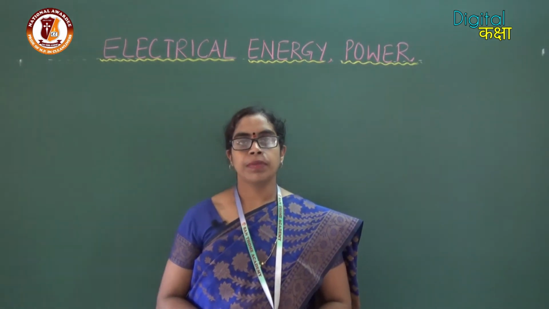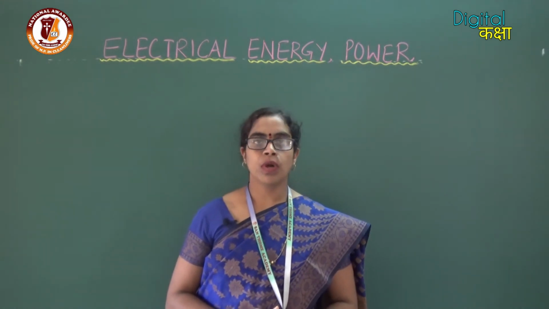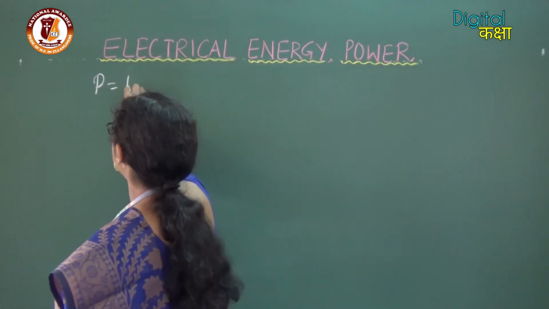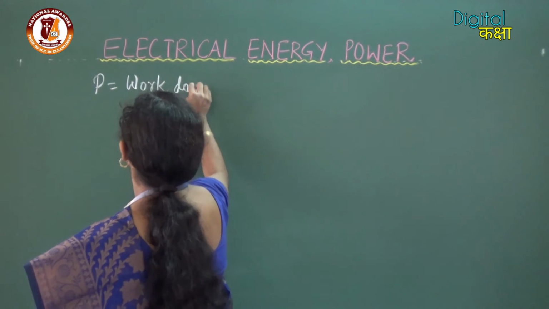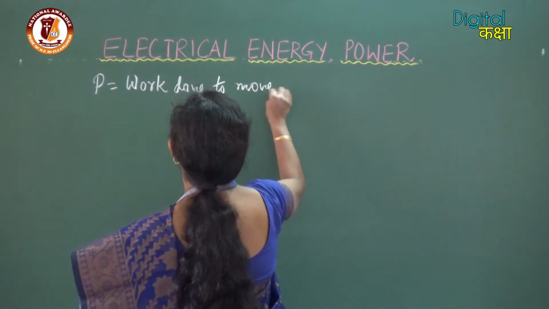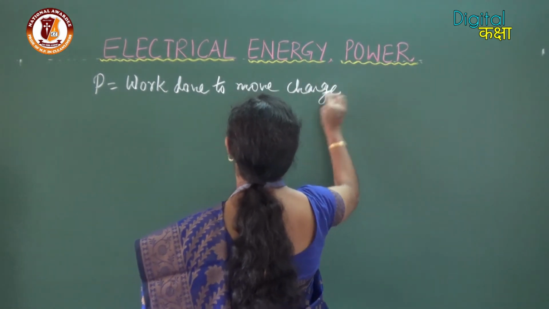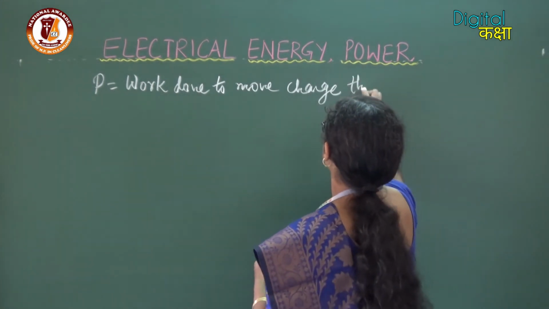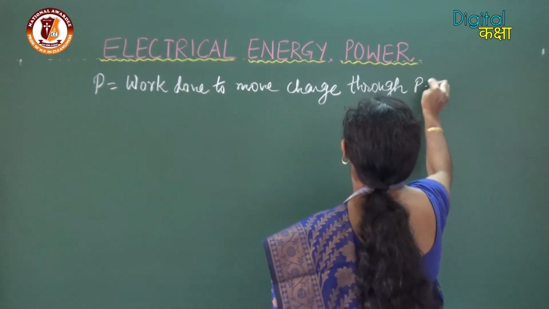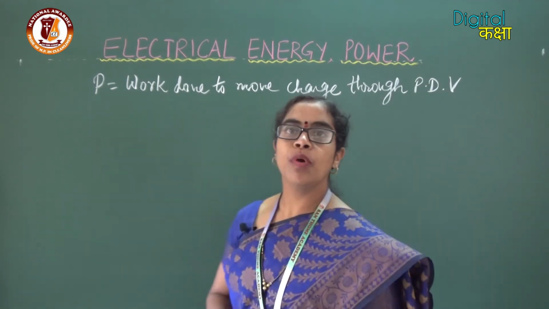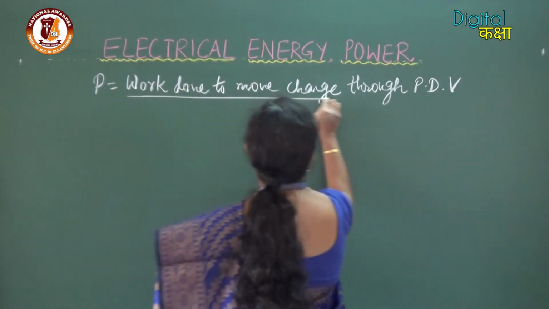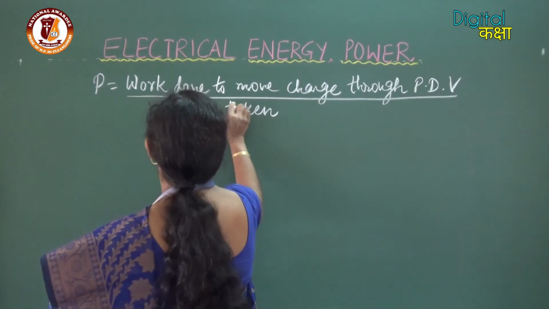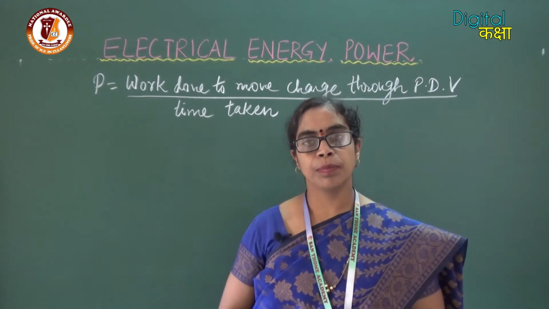But when the power concept is studied in the topic of electricity, power is to be understood as the work done to move a charge from one point to another point through the potential difference V between the two points, divided by the time taken by the charge to go from one point to the other.